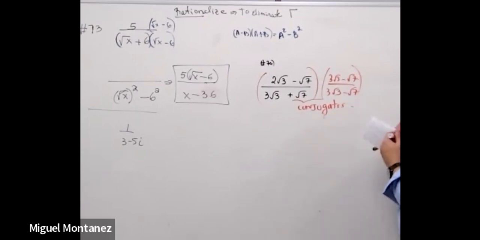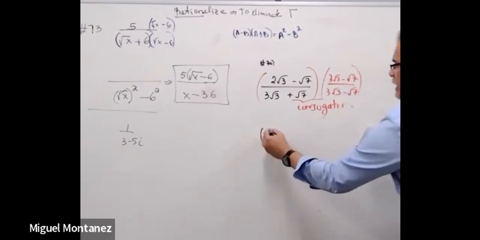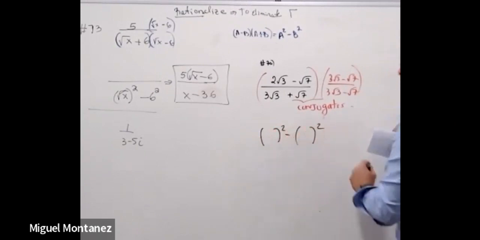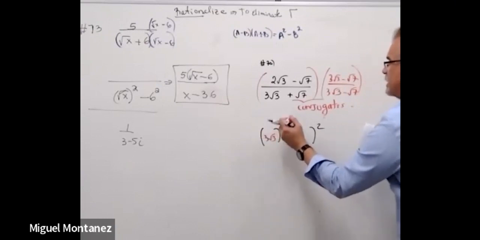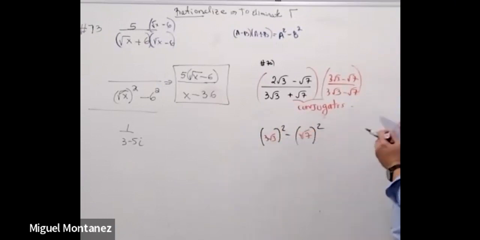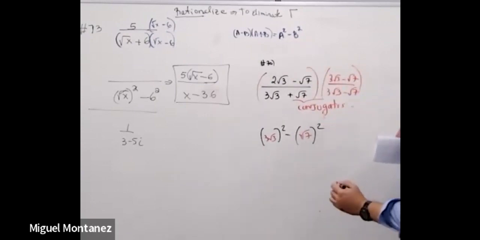So my denominator becomes a squared minus b squared, where the first term will be 3 radical 3, the second term will be radical 7. It's always a squared minus b squared.